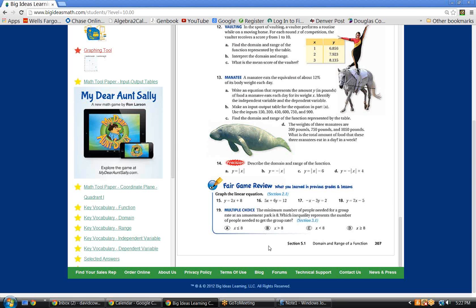Okay. Good. Well, we covered a lot of stuff today. New stuff for you. Domain and range was completely new, right? Yeah. Domain and range actually is going to be pretty important by the time you get to Algebra 2. So they're just kind of introducing it here in Algebra 1.